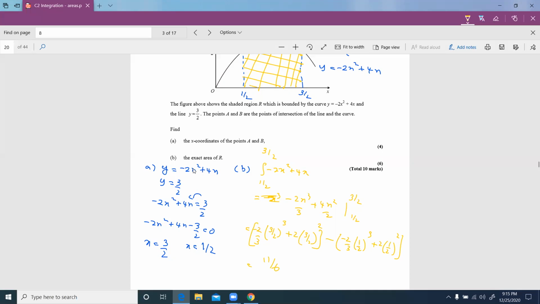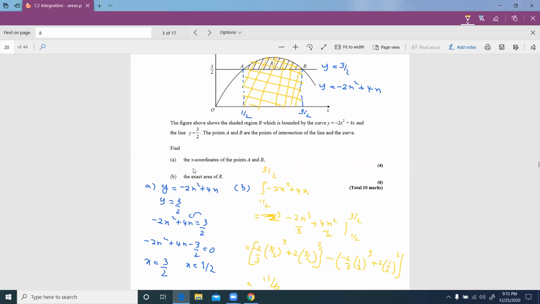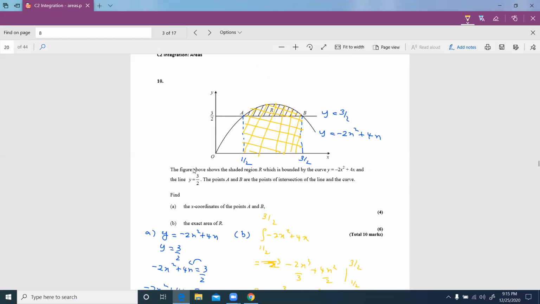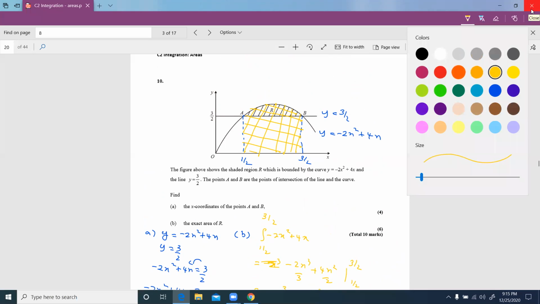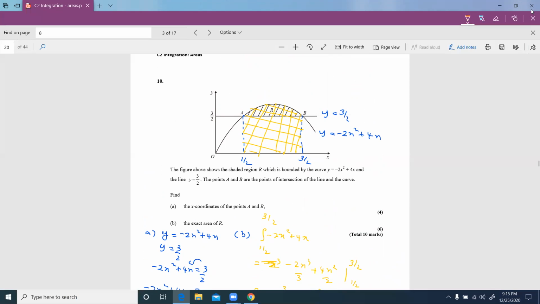Then to obtain the required answer, we need to remove an area from this area. If you remove this bit, you obtain the area required. The area here is a rectangle.